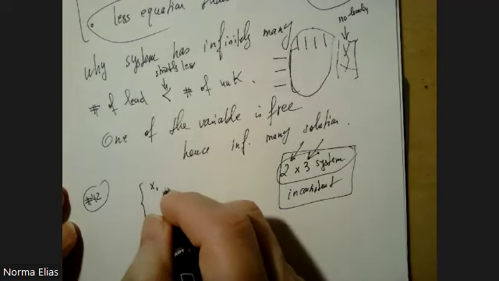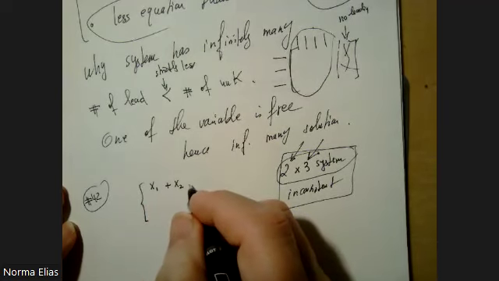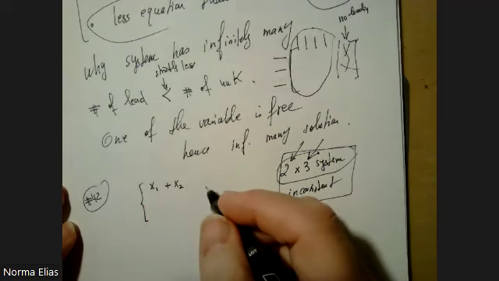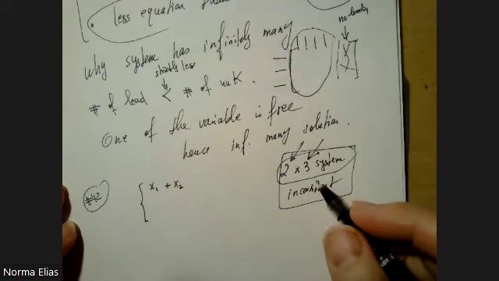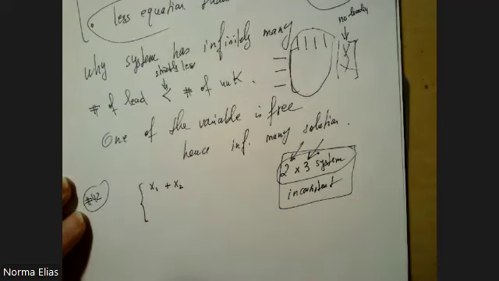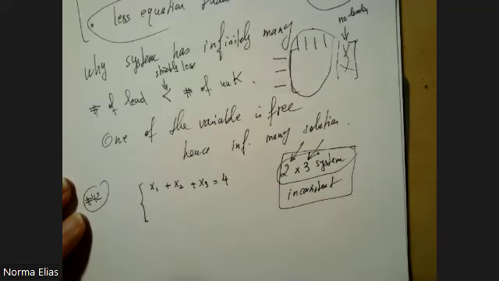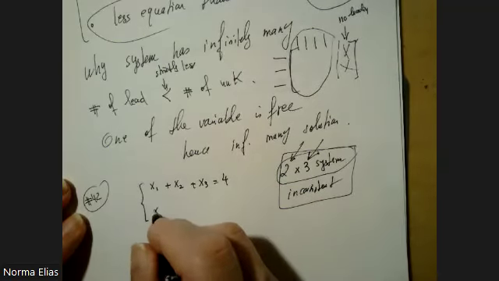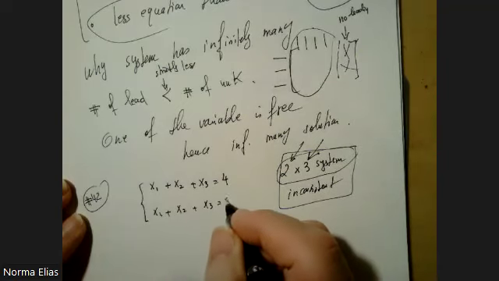Okay, I will write what your classmate told me. Kyle is suggesting x1 plus x2 plus x3 equal to 4, since they want a 2 by 3, so we want 3 unknowns. And the other equation, x1 plus x2 plus x3 equal to 5.